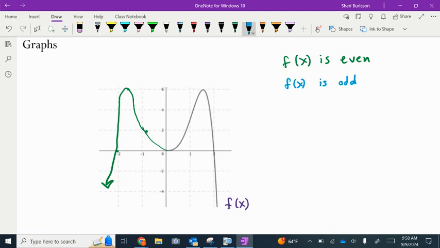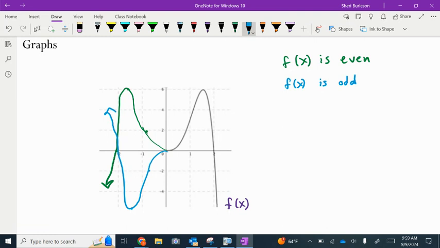What would the graph be if f of x is odd? It'll look something like that.